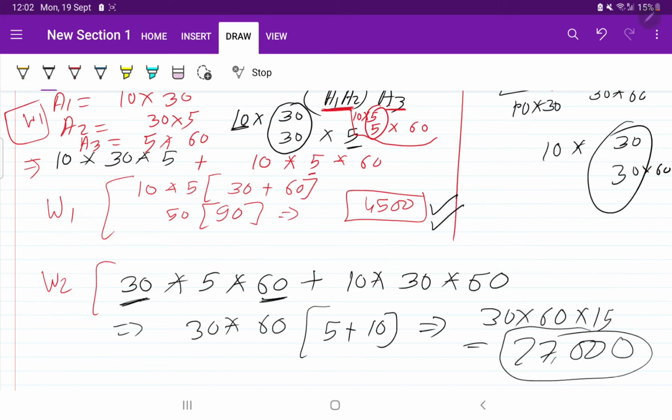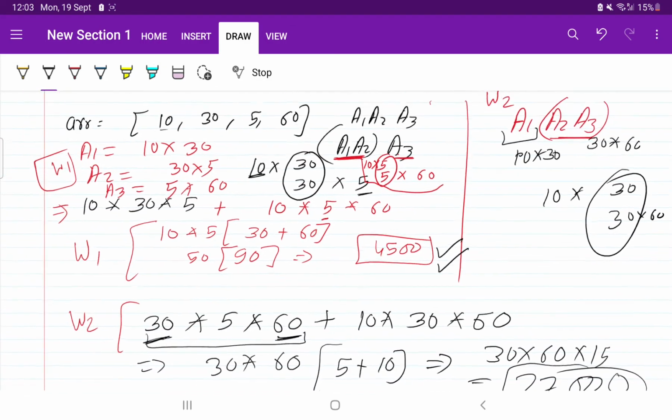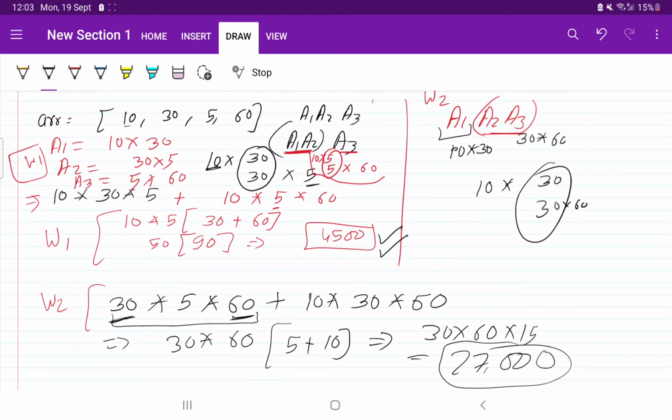Yes, the earlier calculation is correct, and here also the calculation is correct. Here you get 9,000 and if you multiply by 60 into 30 into 10, you get 18,000, then ultimately 27,000. So if you perform the task in a different way, the cost is going to be very high.